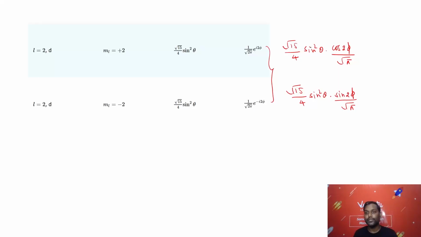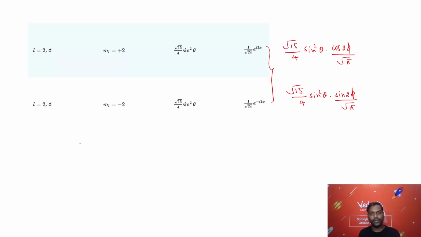So this is sine square theta into cos 2 phi. Now remember, in the conversion from polar to Cartesian, we don't have a 2 phi term. We have cos phi, sine theta, cos theta, but we don't have cos 2 phi or sine 2 phi. So we'll have to use trigonometry to replace cos 2 phi with its formula, cos square phi minus sine square phi.